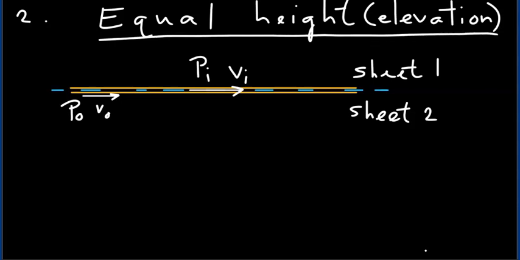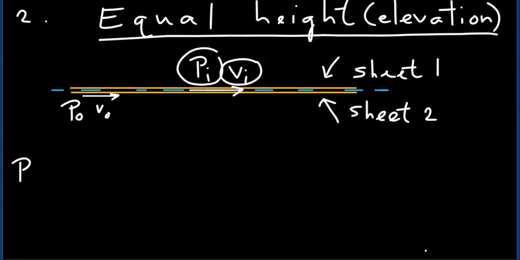So let's say you have 2 sheets, could be 2 sheets of paper, sheet 1 and sheet 2. The pressure outside the sheets is, let's say, P naught, and the speed of air, or any fluid that is moving outside the 2 sheets, is v naught. Within the 2 sheets, the pressure is Pi and the speed of fluid is vi. So let's write down Bernoulli's equation for the system.